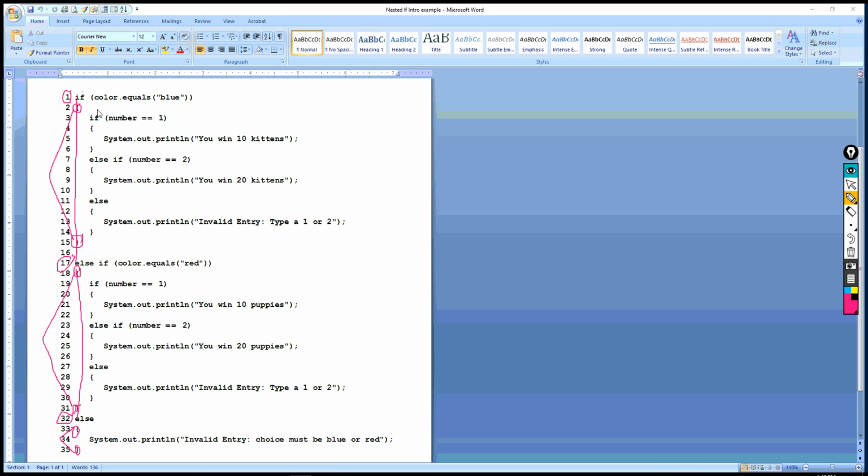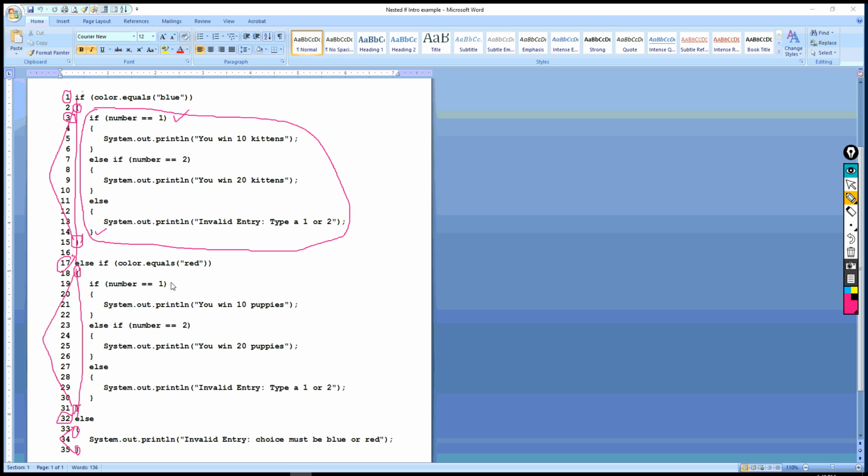So this if-else structure is nested inside the if clause. Okay, and so the first nested if-else structure goes from line 3 to, I'll do it like this, line 3 to this curly brace here to 14.